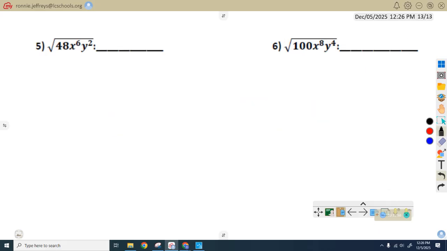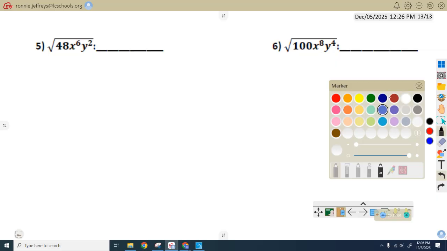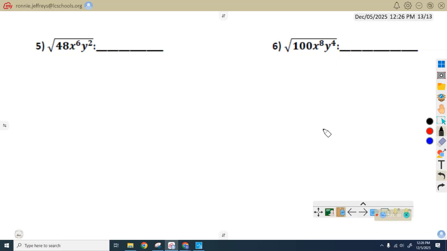Okay, now, these we won't have to change because it's a square root and the calculator will do it for us. Now, so we're going to split this. Square root of 48.